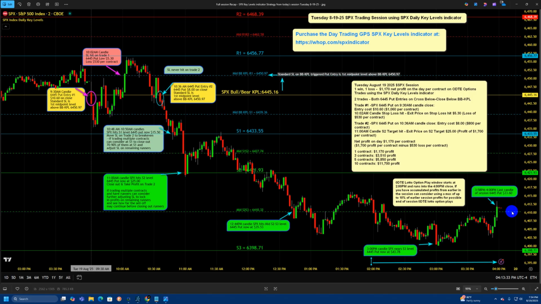For example, this 6410 option at the end of the day was going, I believe, for anywhere from around 15 cents to 25 cents at this point here, and it ended up going up to $2 at the end of the day before closing a little bit lower. So that could have been anywhere from a 4x to a 10x or even a 15x.